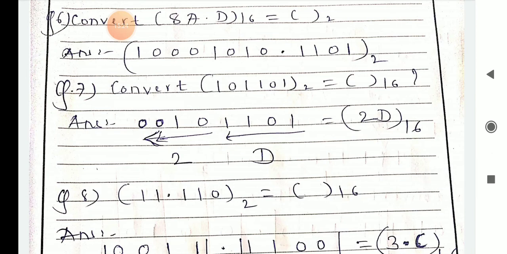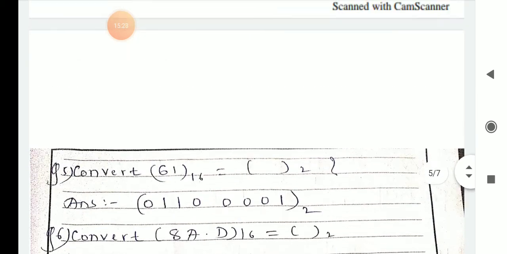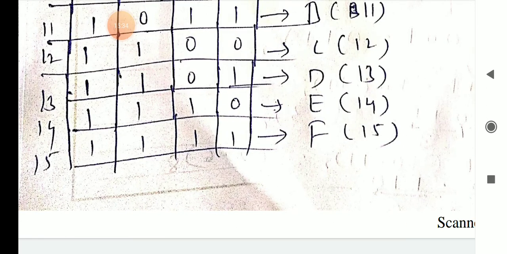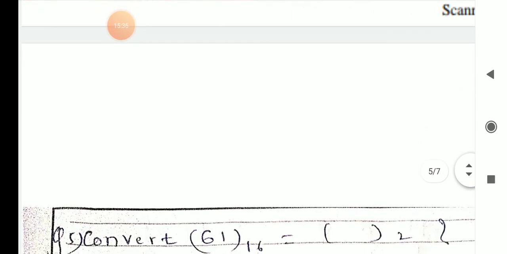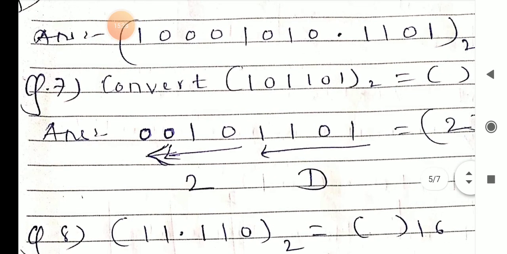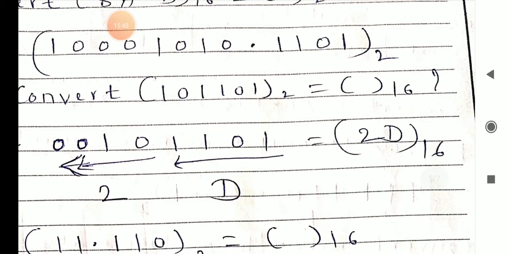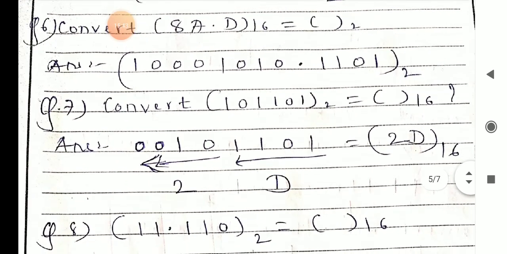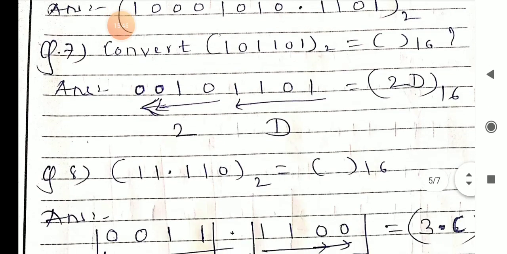Okay. So 1101 is D. Go to the table. 1101 is 13, so you can write D. So the answer is 2D. So this is without a decimal point.